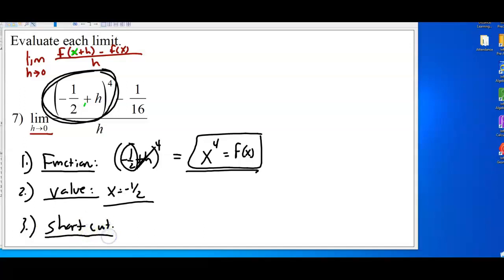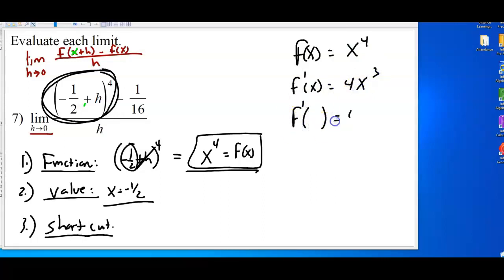Since we know this limit represents a derivative, we're just going to use the shortcuts from unit 1 to find the derivative. So here's my function. My function we've determined is x to the 4th power. The derivative of x to the fourth power is 4x cubed, and the value at which we're finding the derivative is a negative half.